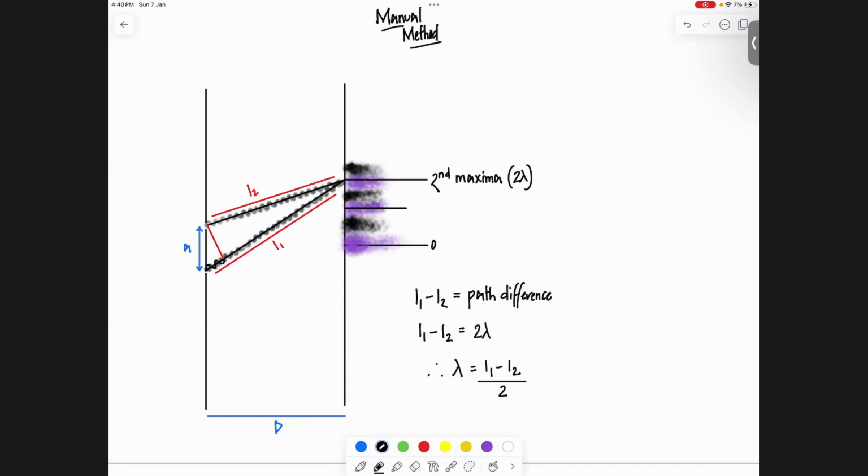So can anyone tell me why I would prefer higher maxima? I didn't take the second here; in real life we look for 7 or 8, the farther the better. Why would we prefer going further away? What's your understanding? Yes. What's the advantage of going further? The readings will be bigger, and as you know in physics, a bigger reading leads to what? Revision. A larger reading leads to lower percentage uncertainty.